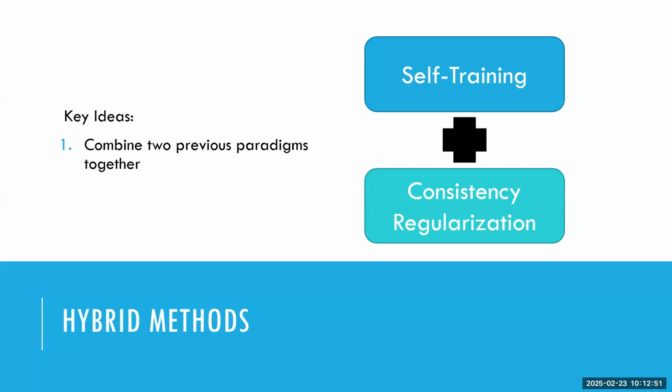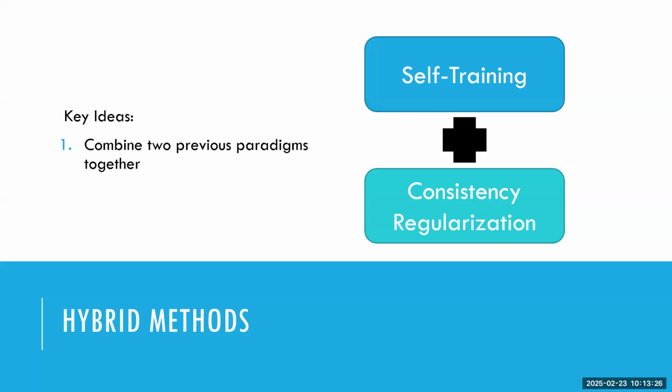So we learned self-training, right? Self-training has pseudo labels. For consistency regularization, we focus on augmented data: augmented unlabeled data should have the same label as the original unlabeled data. So when we want to combine both, how can we make sure that we take advantage of both methods?